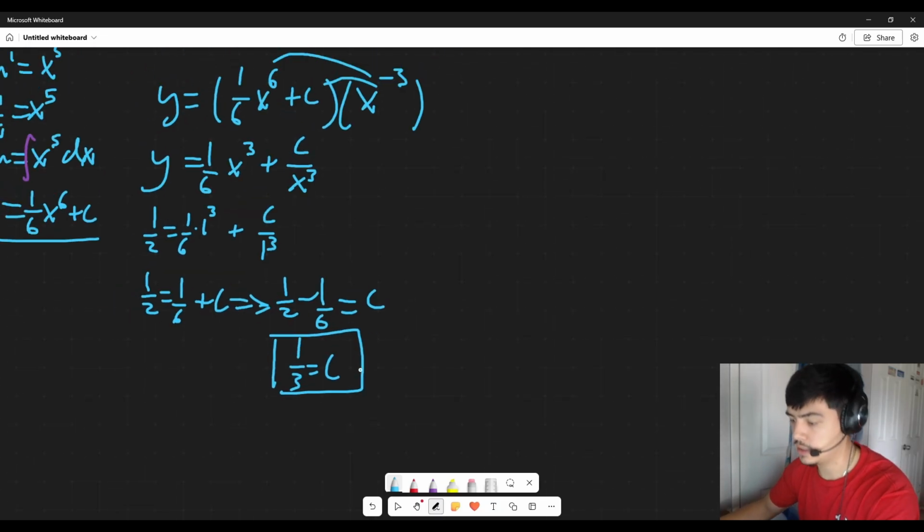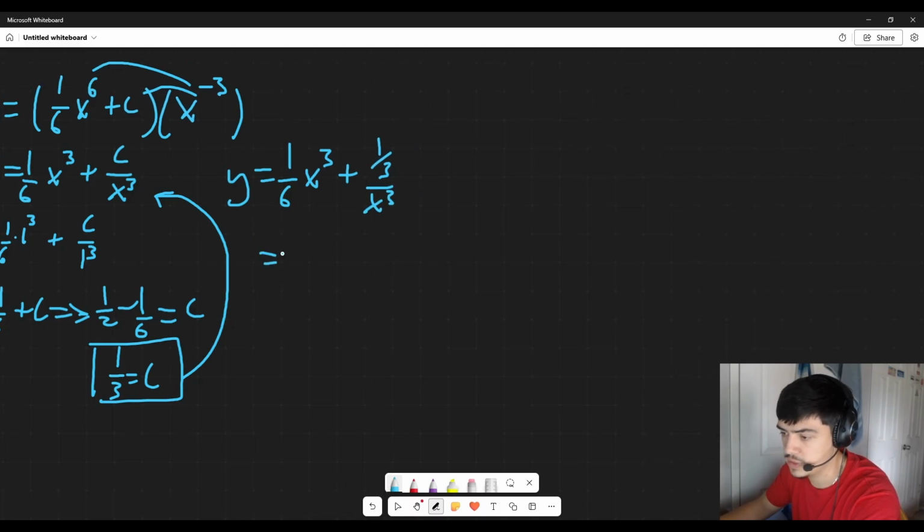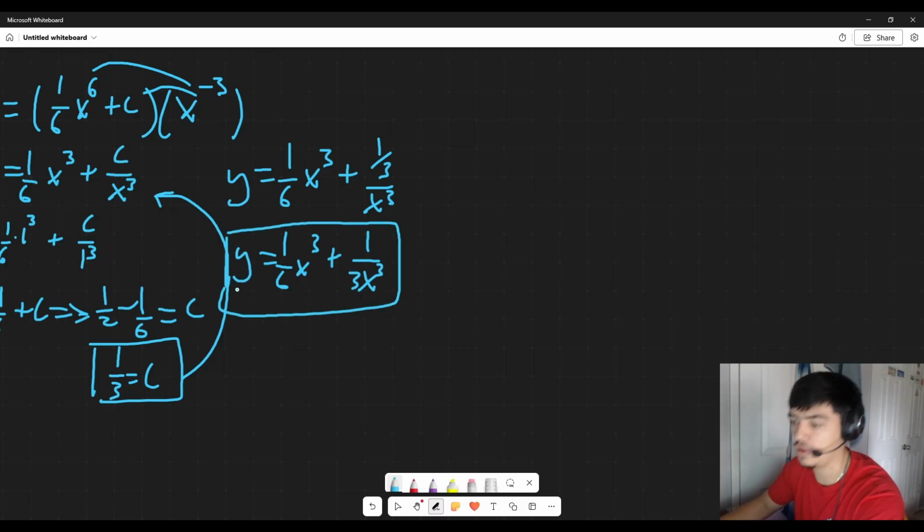Now, plugging this c back in over here, we get y equals 1 over 6 x cubed plus 1 over 3 x cubed. Or just writing it in the most simple form we can, just 1 over 3x cubed. And that's it, our final answer.